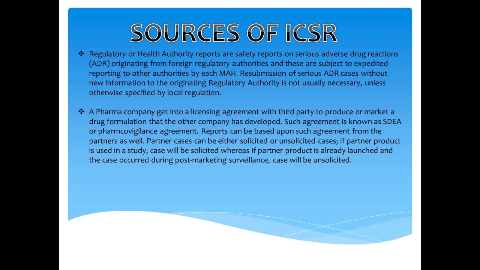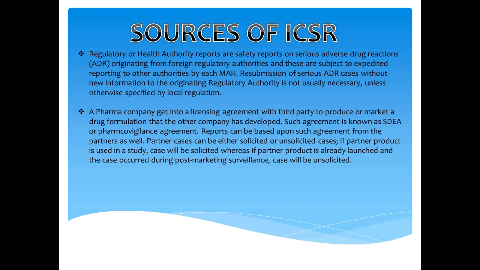Now, when the report needs to be submitted, the company will fetch out the important information and capture all of it in the database, and that information would be submitted to the regulatory authority.